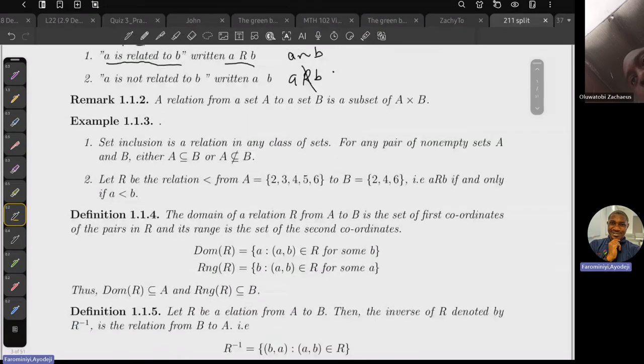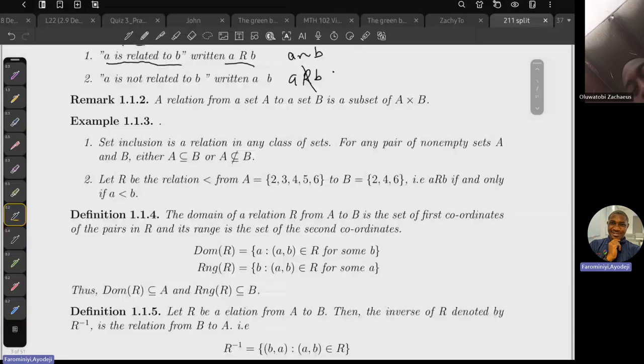And the set inclusion is a relation in any class of sets. Because we could talk about different kinds of objects that we want to relate to each other, and one of the common ones are the sets. And in any class of sets, the set inclusion is a good example of a relation. So we could actually use the analogy of a family.